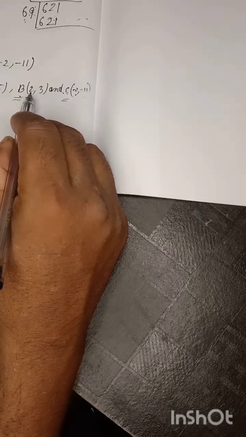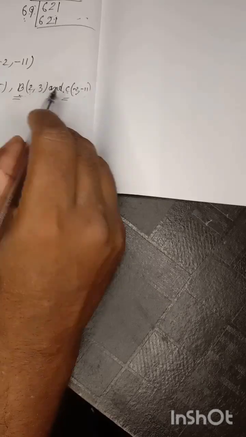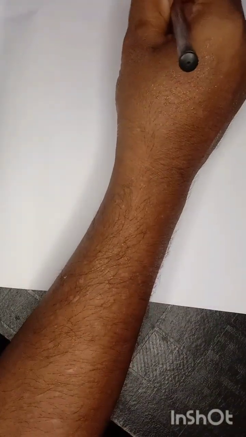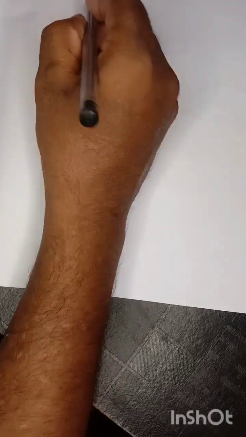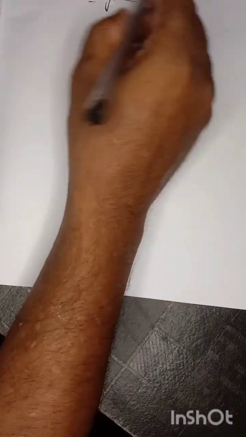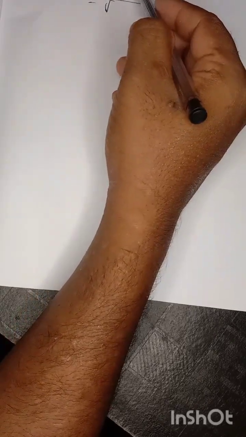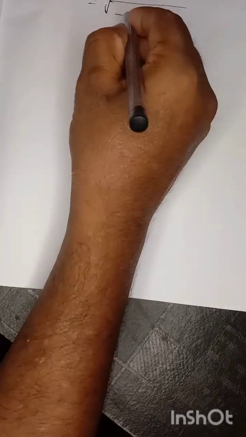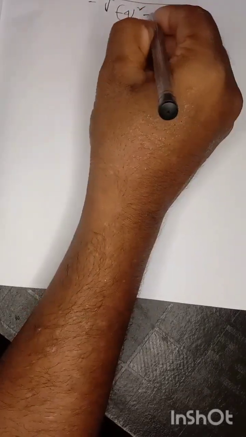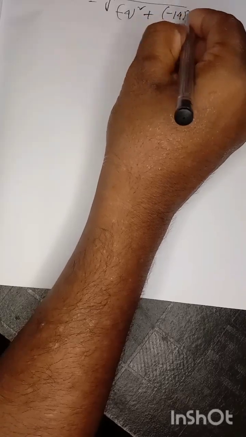So following the formula, x2 minus x1, minus 2 minus 2 whole square plus minus 11 minus 3 whole square. So minus 2 and minus 2 becomes minus 4 whole square, and minus 11 and minus 3 is minus 14 whole square.